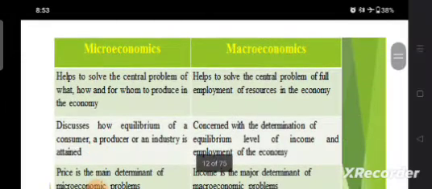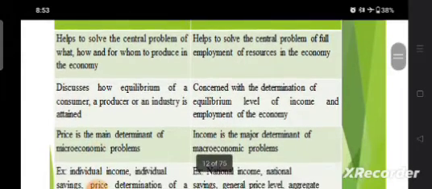And another difference: microeconomics helps to solve the central problem of what, how, and for whom to produce in the economy, whereas macroeconomics helps to solve the problem of full employment of resources in the economy.